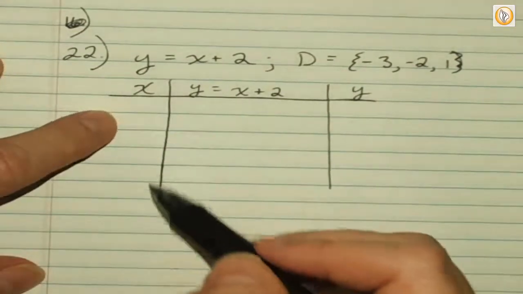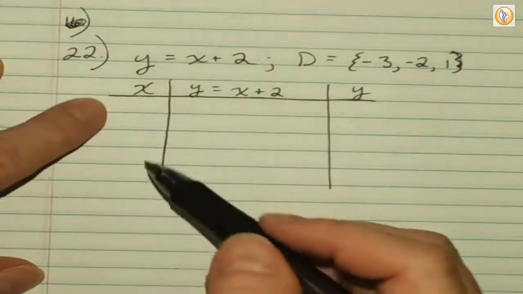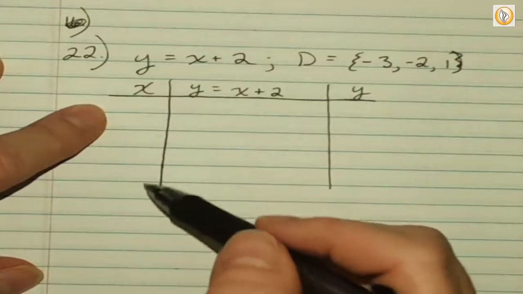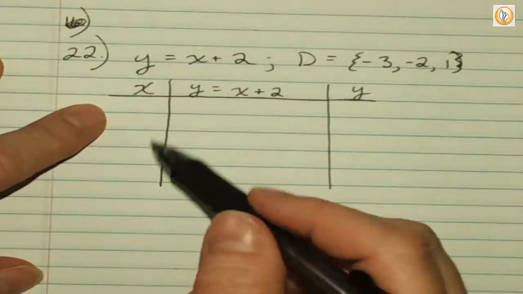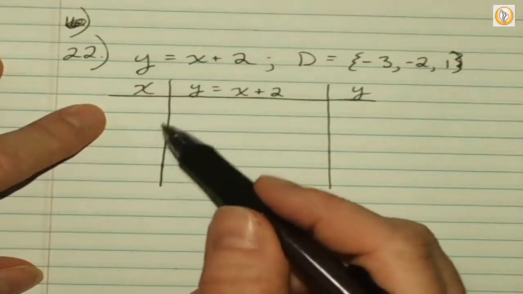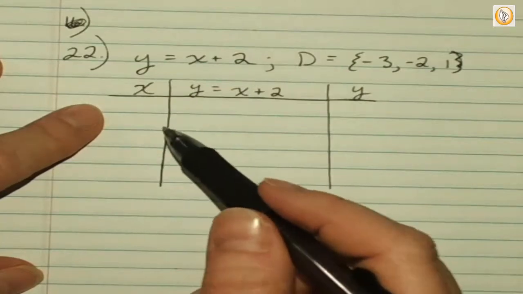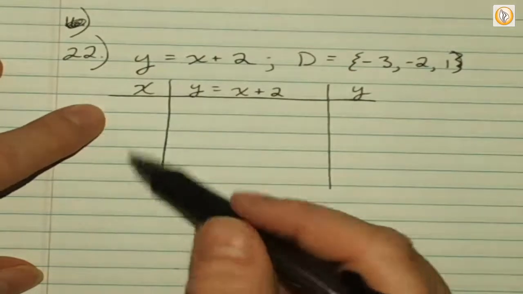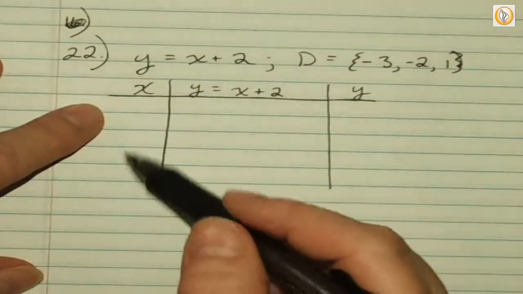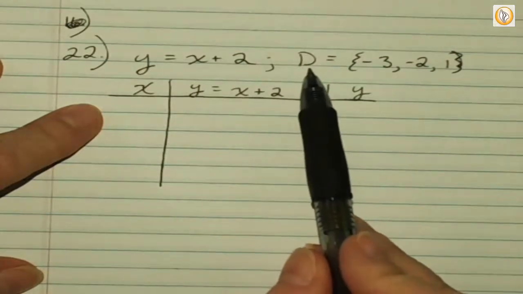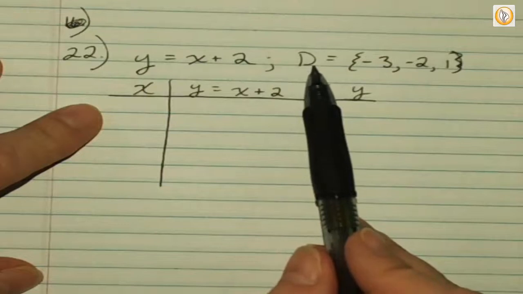So then what am I going to put over here on this side for my X, Emily? What's my X? Did they give us the X? What does domain represent? That's right.